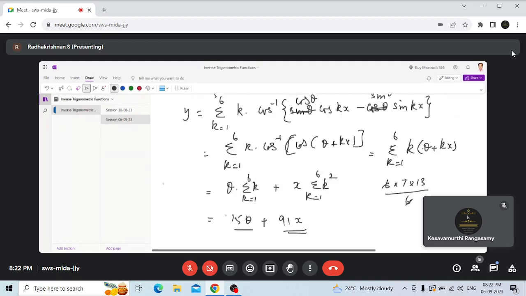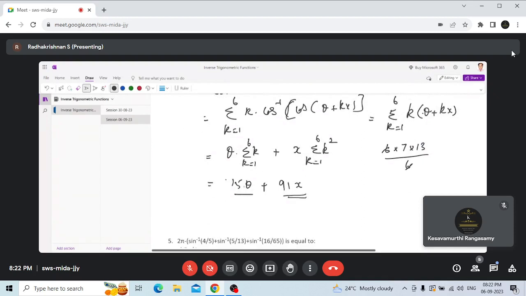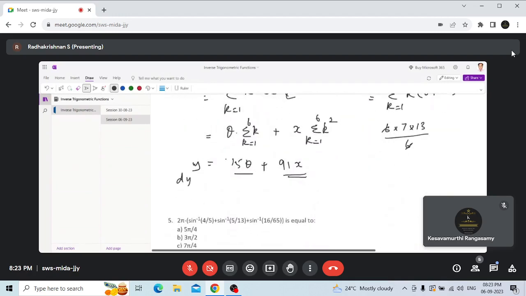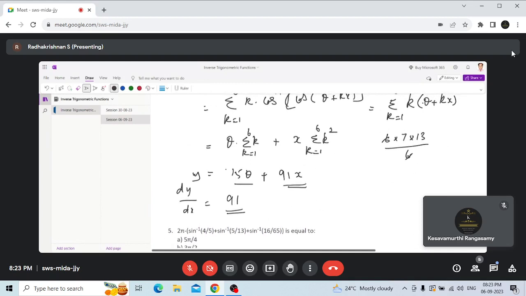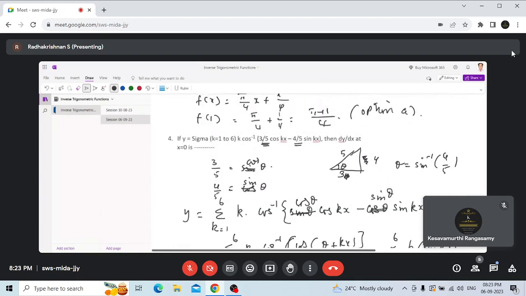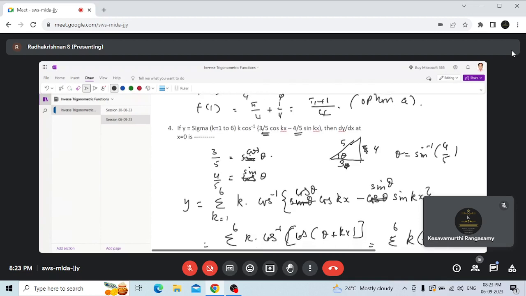So when you differentiate, that is why they are asking you to differentiate, this theta will go. dy by dx equal to simply 91, because theta is a constant and doesn't depend on x. So dy by dx doesn't depend upon x at all. So at x equal to 0 or whatever, your dy by dx will be 91.